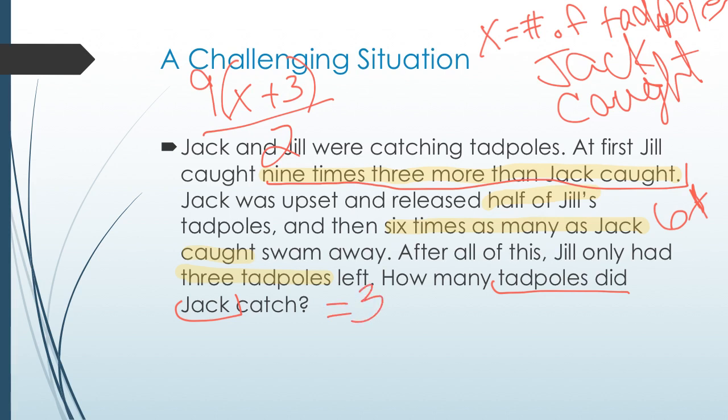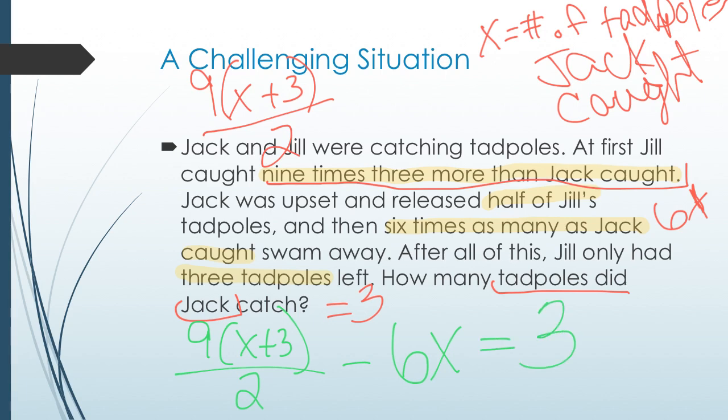So let's put that all together. So I have 9 times (x plus 3) over 2 minus 6x equals 3. Like I said, this one's a little bit more of a challenge. So now let's look at how we solve this.